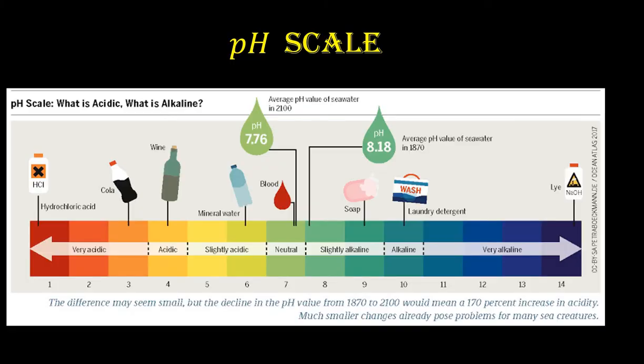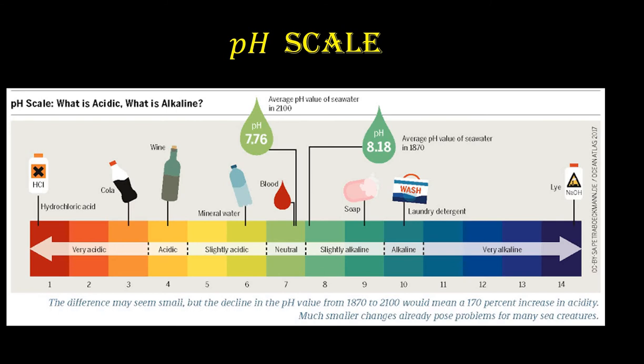Here Sorensen's pH scale is given, where the acidic range and alkaline range are shown. The difference may seem small, but the decline in the pH value from the 1870s to the 21st century would mean a 170% increase in the acidity, and much smaller changes already pose problems for many sea animals or creatures.